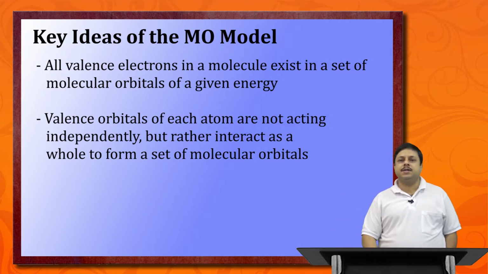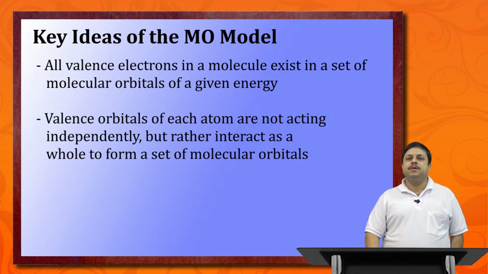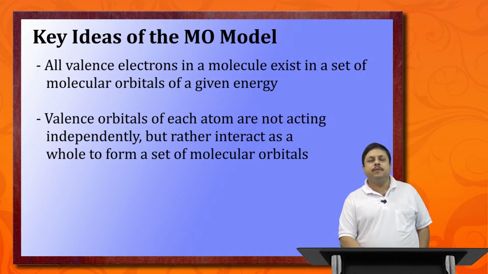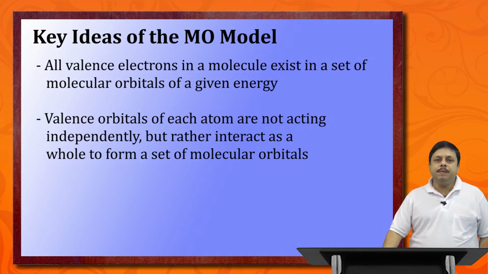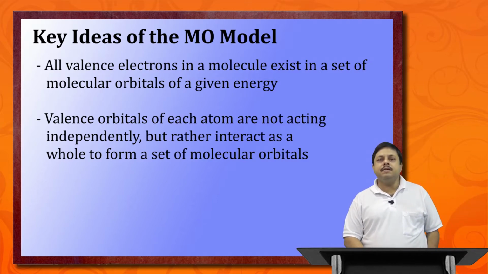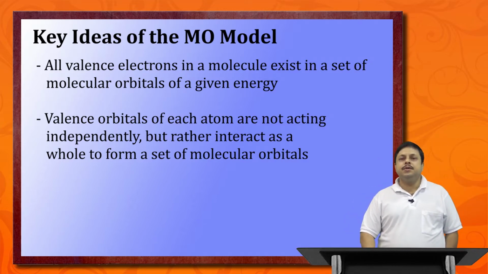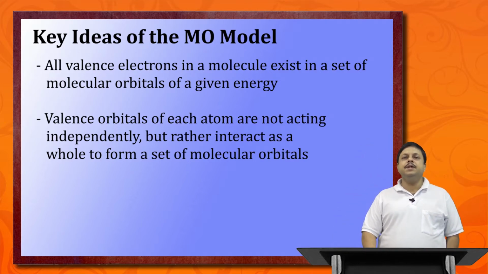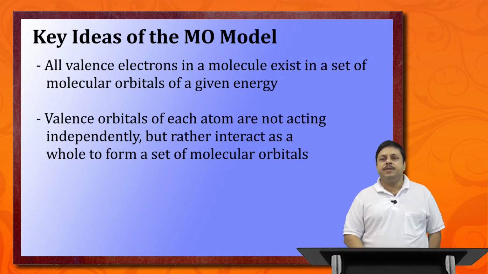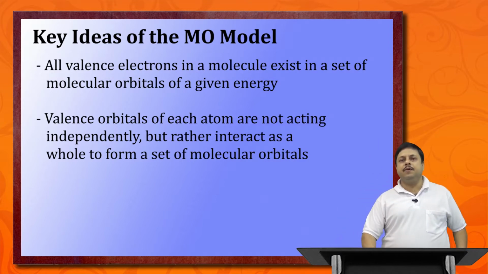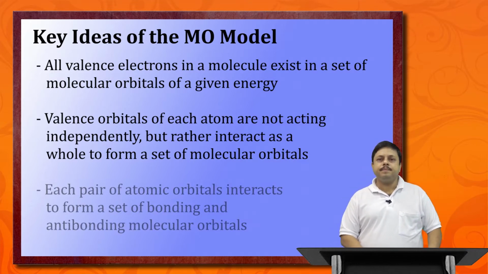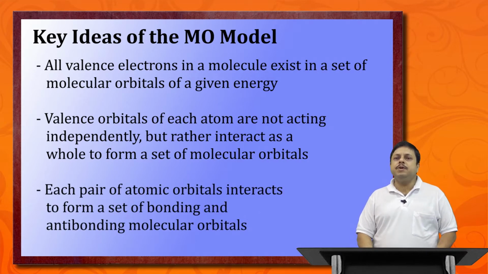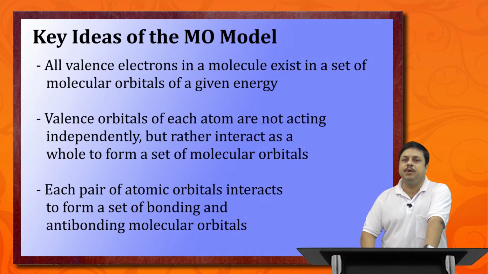This interaction results in what we call a linear combination of atomic orbitals to form the molecular orbitals. Keep in mind that this interaction is very similar to the formation of hybrid orbitals, but here it is more quantitative in the sense that the energetics is involved in the process. Each pair of atomic orbitals interacts to form a set of bonding and a set of antibonding molecular orbitals.